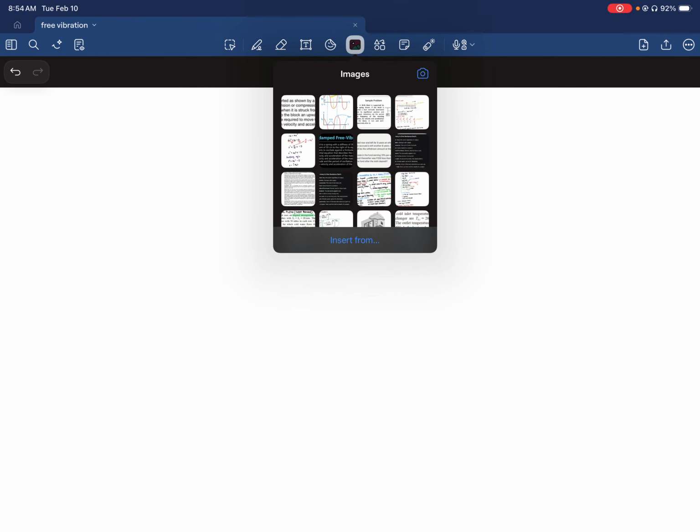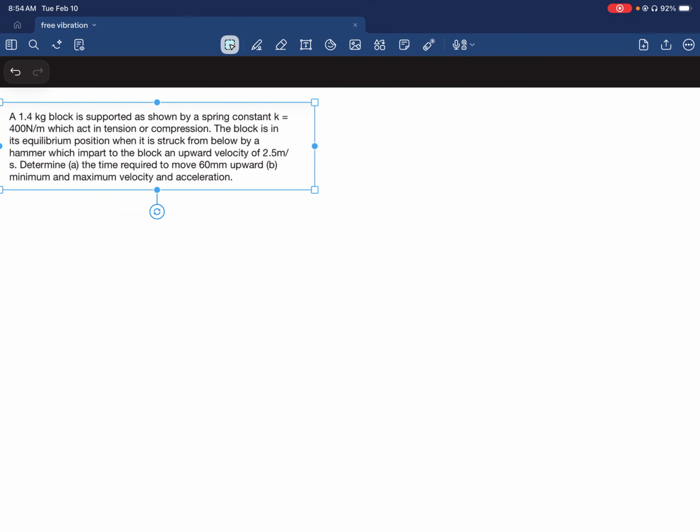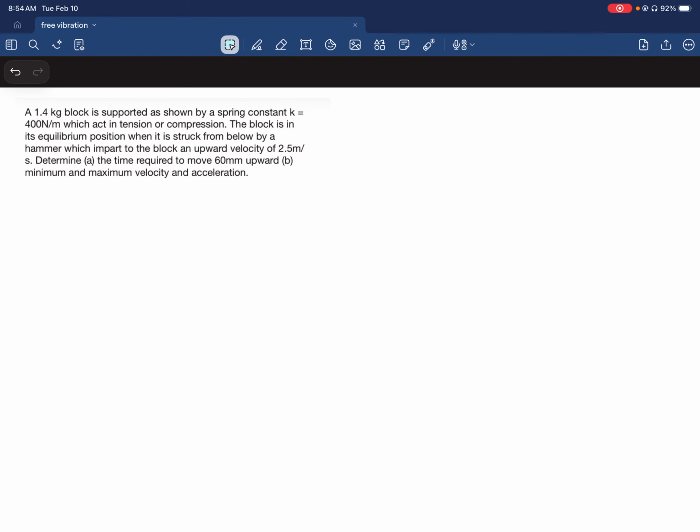Moving on, this is the last problem. A 1.4 kilogram block is supported as shown by a spring with constant K equals 400 Newton per meter, which acts in tension or compression.